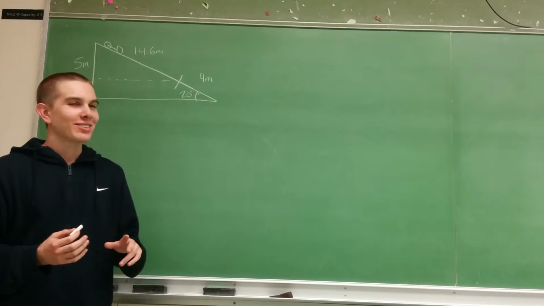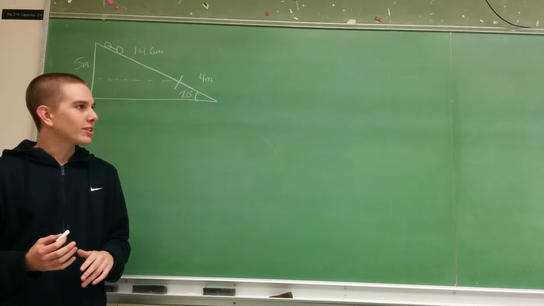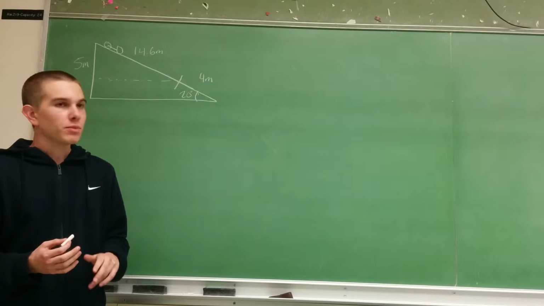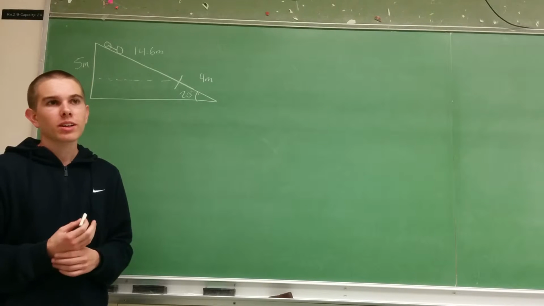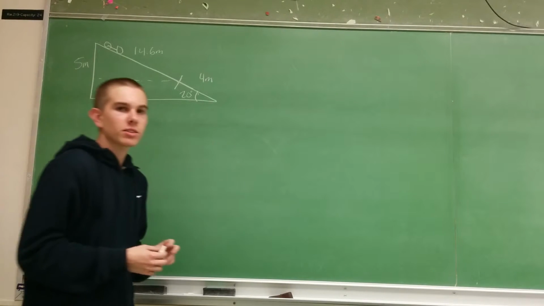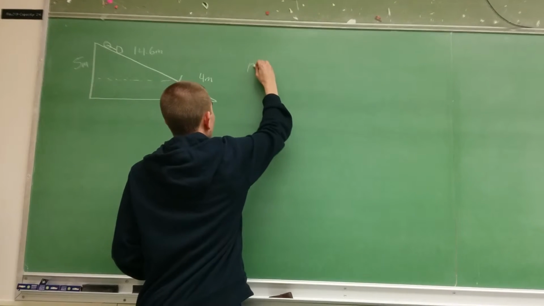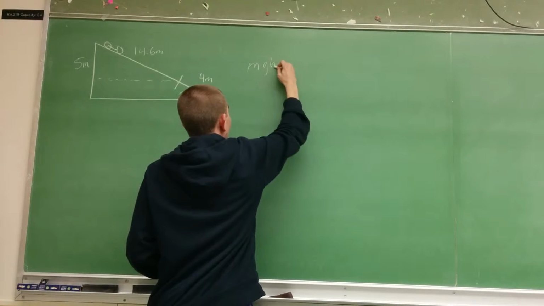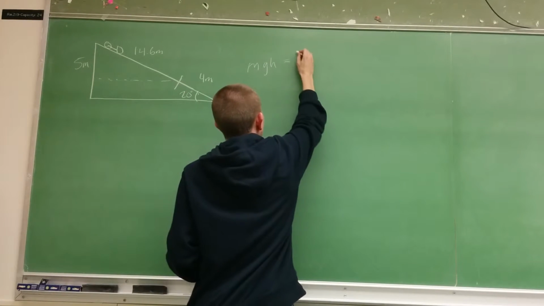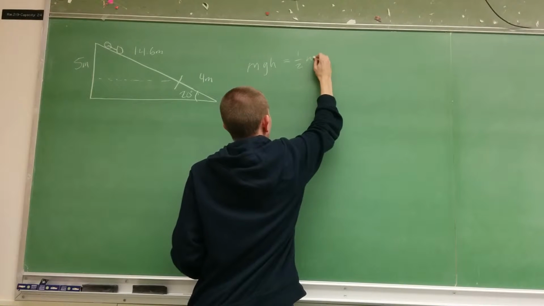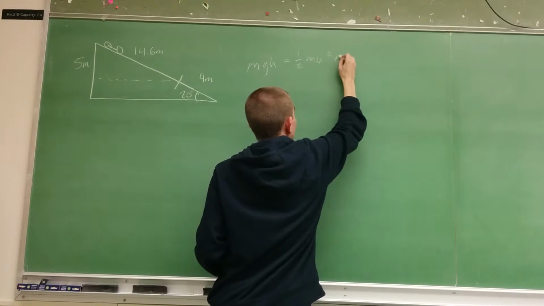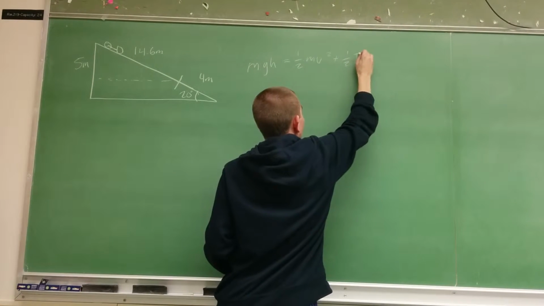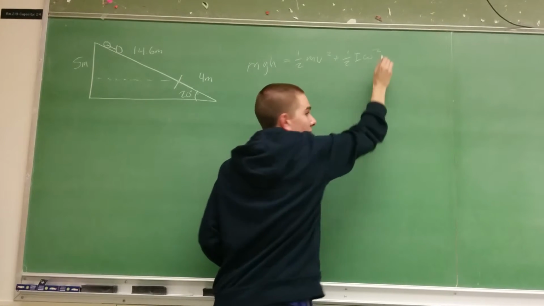We know the potential energy is going to convert into kinetic energy, meaning there's going to be a translational kinetic energy and a rotational kinetic energy. So we can write mgh is equal to 1/2 mv squared plus 1/2 I omega squared.